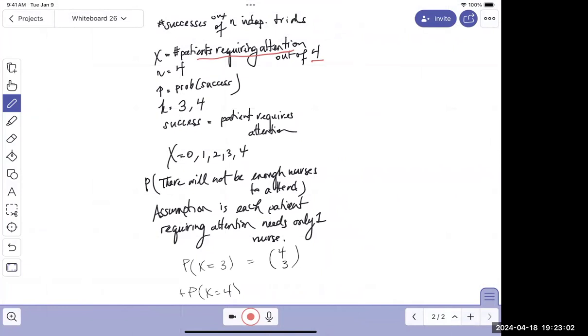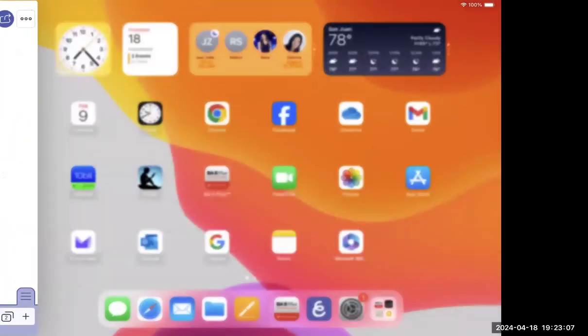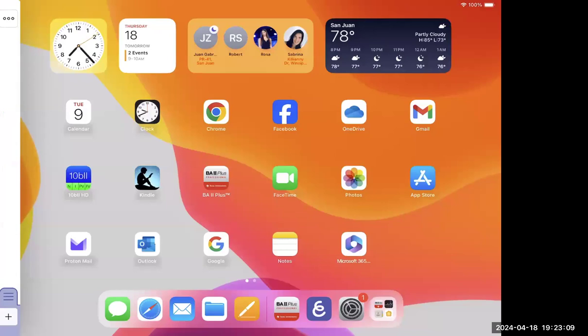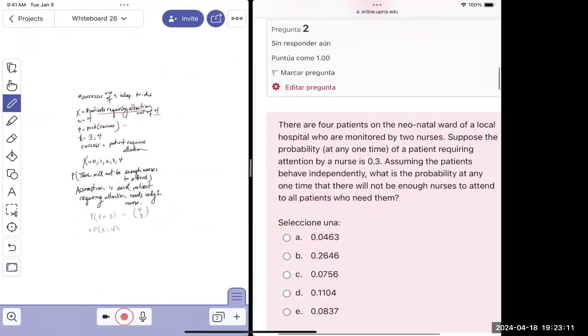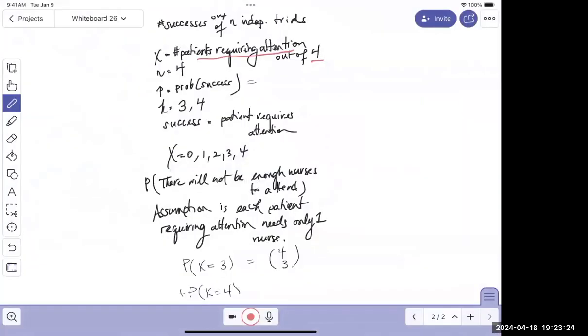Oh, I didn't write it down. What was the probability of success? The probability of needing attention was 0.3. Right here. So 0.3, 30%.